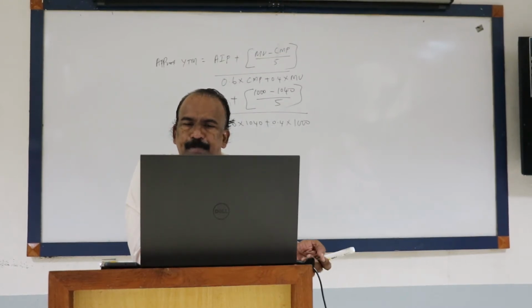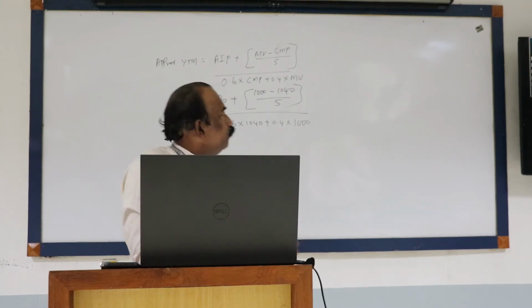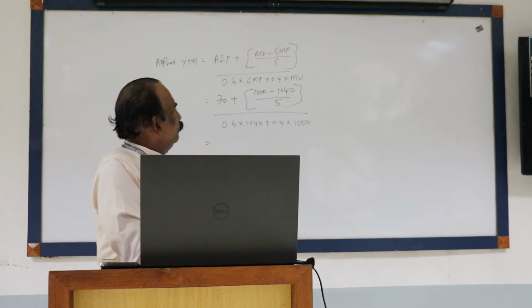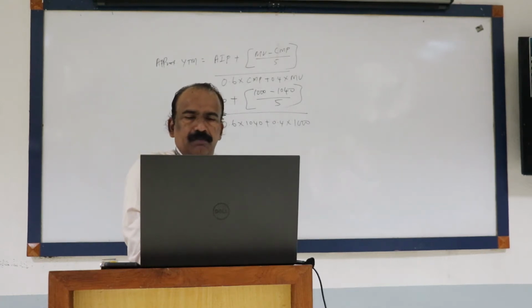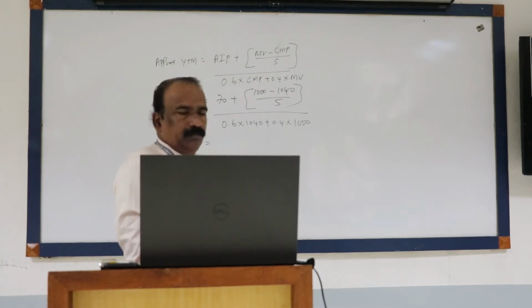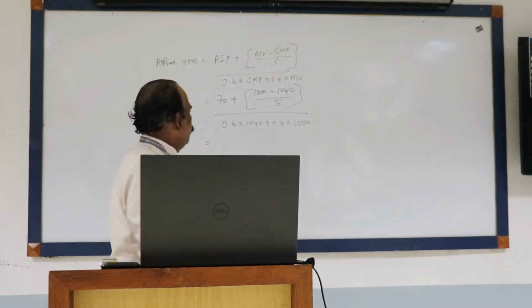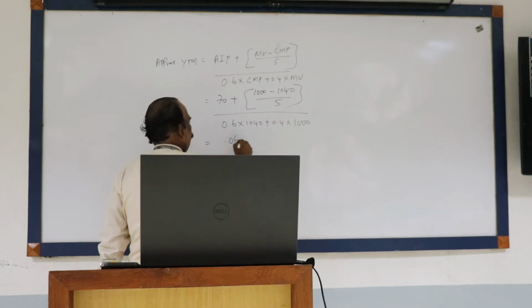How much does it come to? 70 plus minus 40, so it comes to 0.0605.